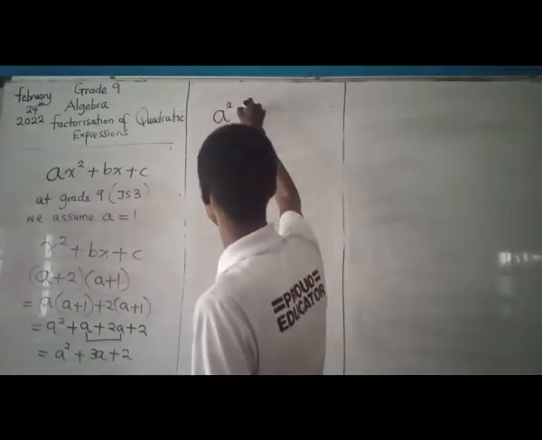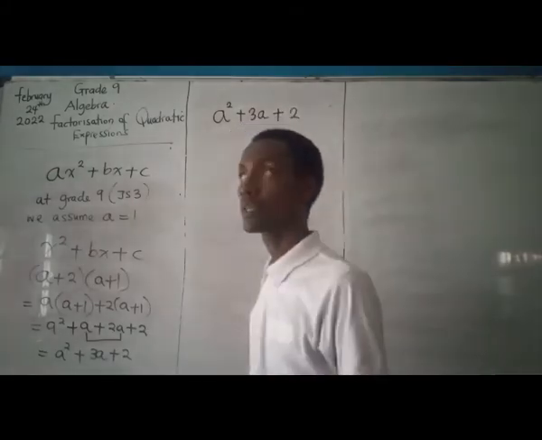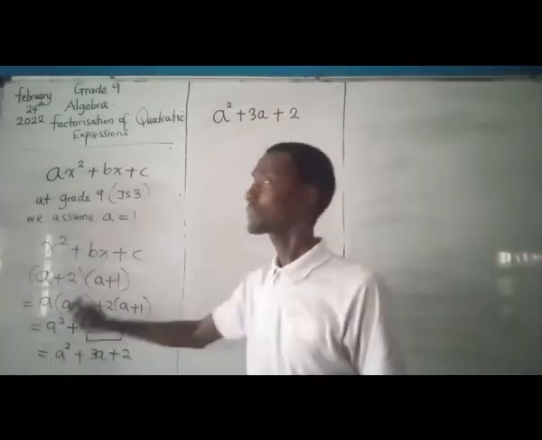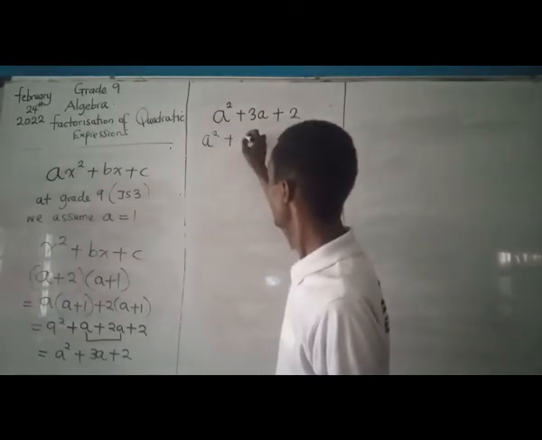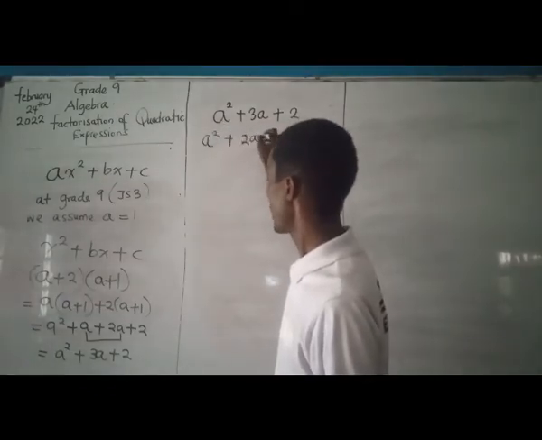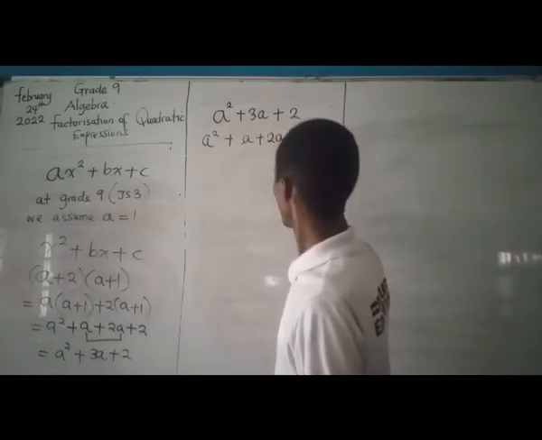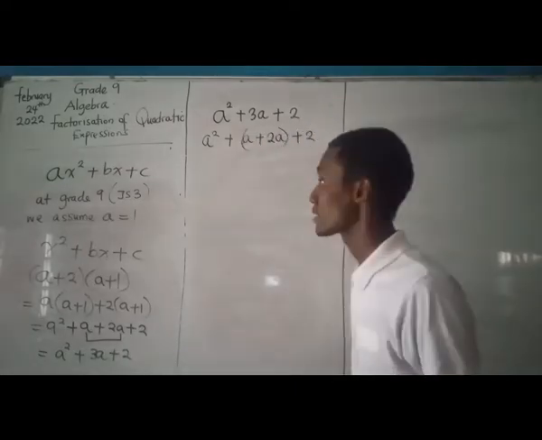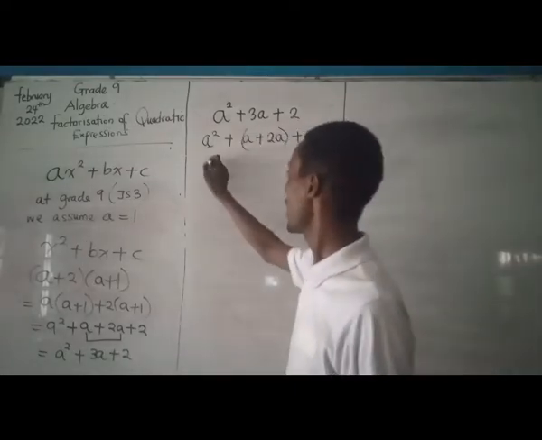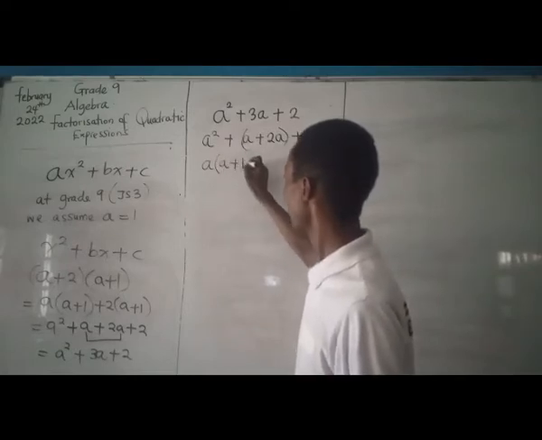A squared plus 3a plus 2. Now, look at what I had here. I'm going to have a squared plus 2a, or I can say a plus 2a plus 2. Then I'm going to have a into (a plus 1).